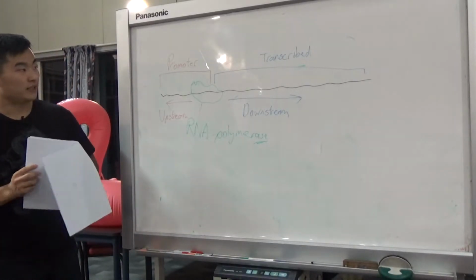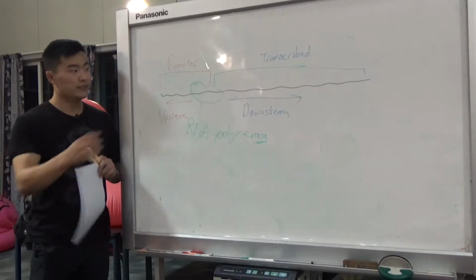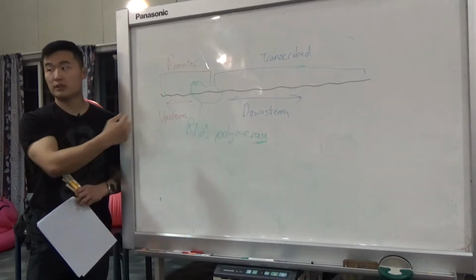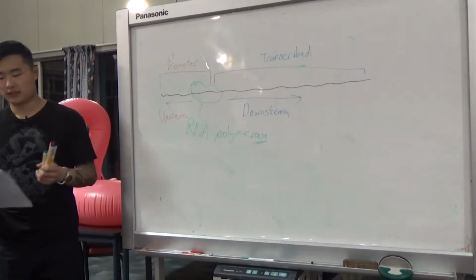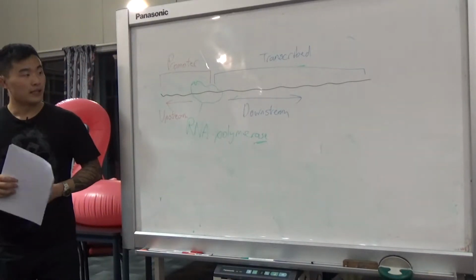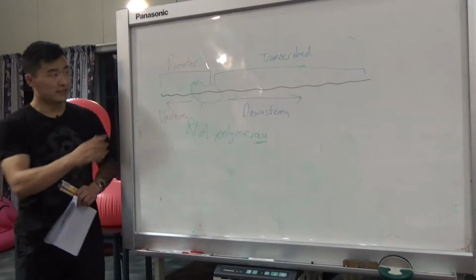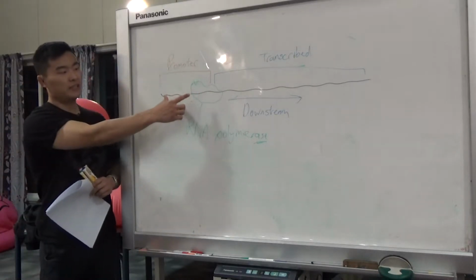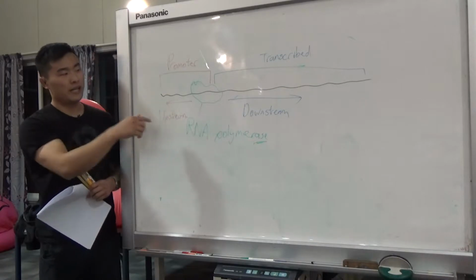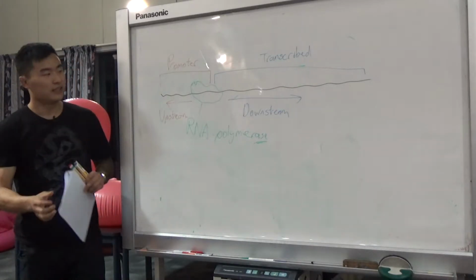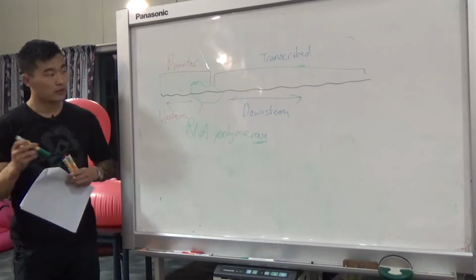The promoter region is always going to be upstream of the part that's going to be transcribed. The promoter region is where RNA polymerase binds, and also other transcription factors like activators.